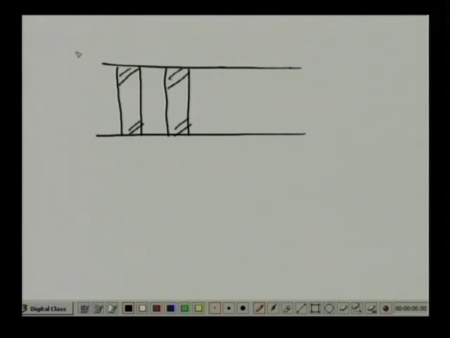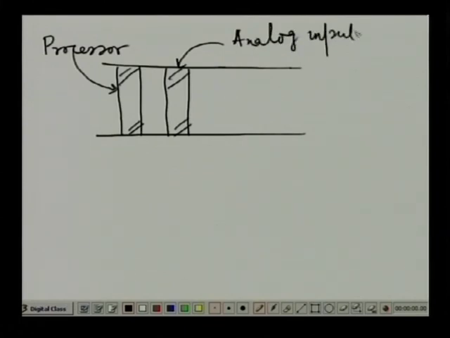This could be the main processor module. Similarly, this could be an analog input module, let us say. Similarly, you can have digital input, digital output, various kinds of modules.